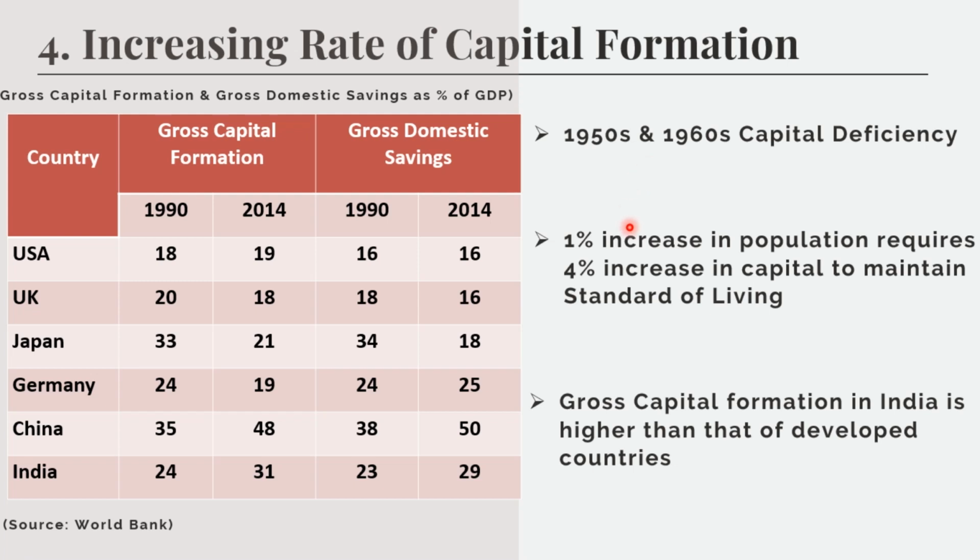Here, a 1% increase in population requires a 4% increase in capital to maintain the standard of living. So the capital formation should increase in this proportion. If you take a look at the statistical data in recent years, it is satisfactory.